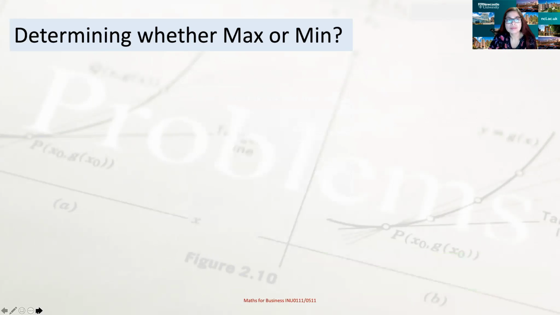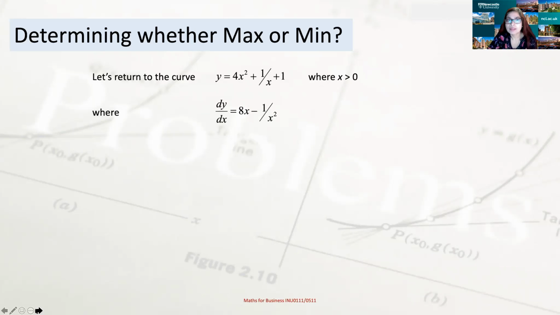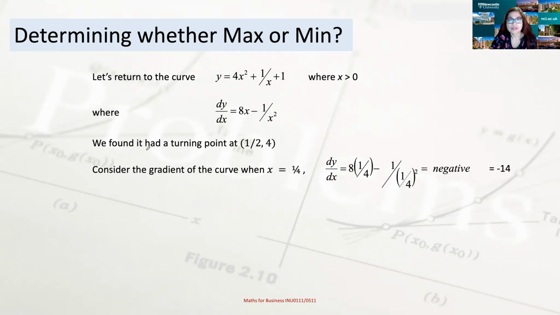So let's take the same curve. You differentiate it for the first time, so it's the first derivative. Then you take any point. We know that this is a stationary point, so let's substitute a point, x equal to 1/4, on one side of the stationary point.